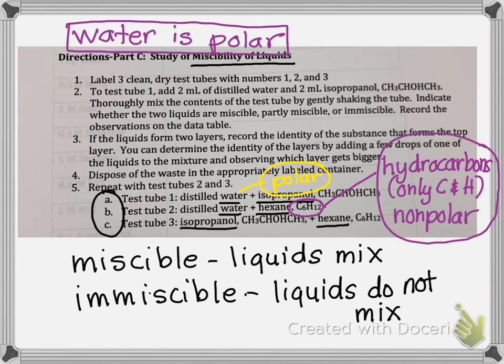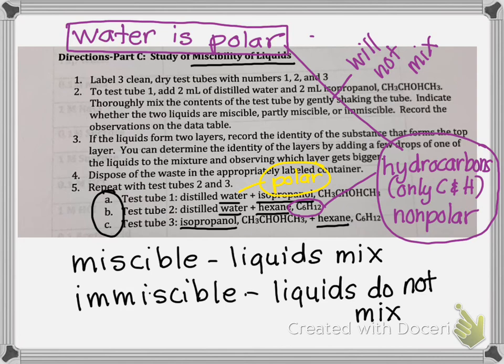So if I were making a prediction, I would tell you that test tube 2 that has water and the hydrocarbons, that they are going to not mix. Why? Because water's polar and hydrocarbons, which is like hexane, is nonpolar, and polar and nonpolar don't mix.